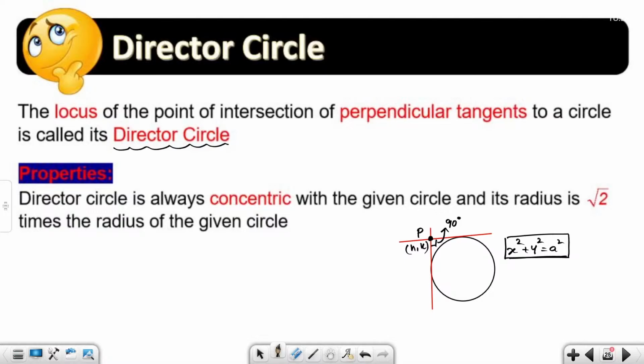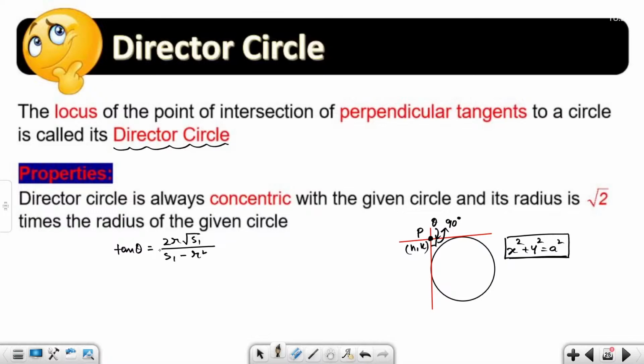From any point P outside the circle, if you draw the tangents, the angle between them, say theta, is given by the formula we have learned: tan theta equals 2r root S1 over S1 minus r square.